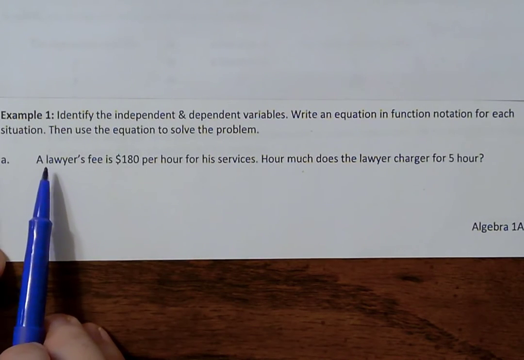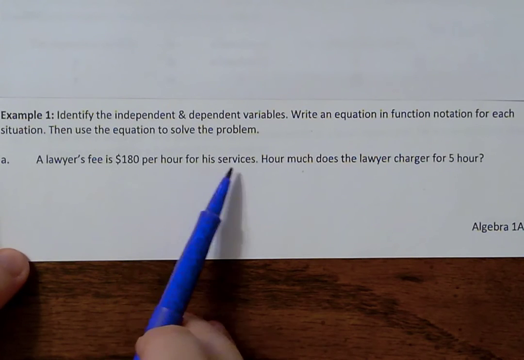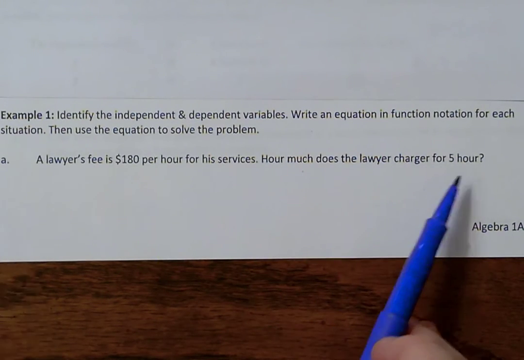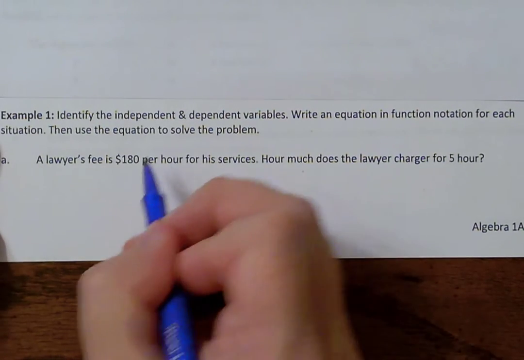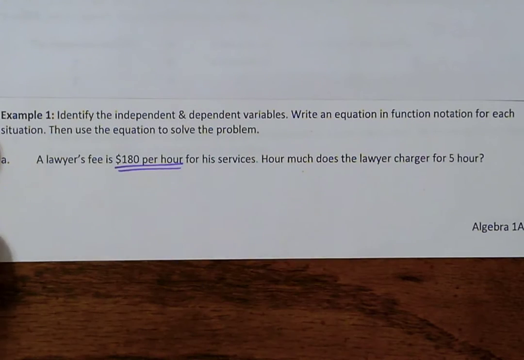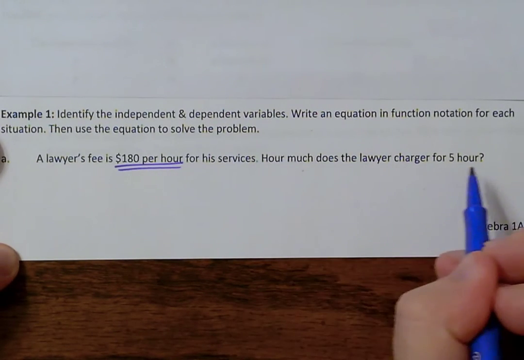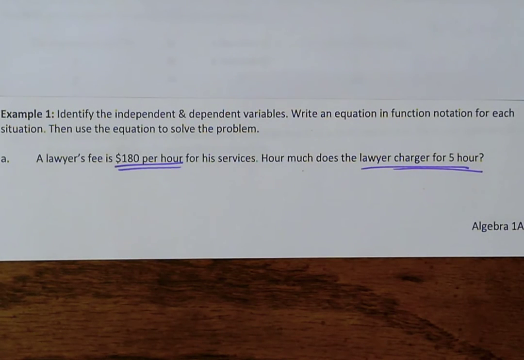Our situation is a lawyer's fee is $180 per hour for his services. How much does the lawyer charge for 5 hours? So a lawyer charges $180 per hour, and we want to know how much the lawyer charges for 5 hours.